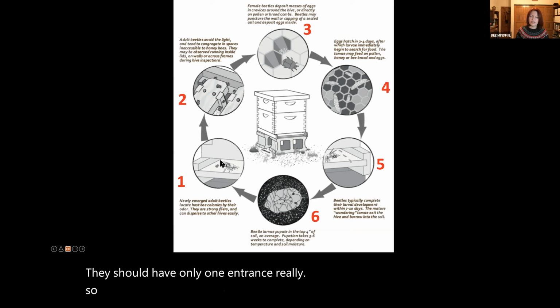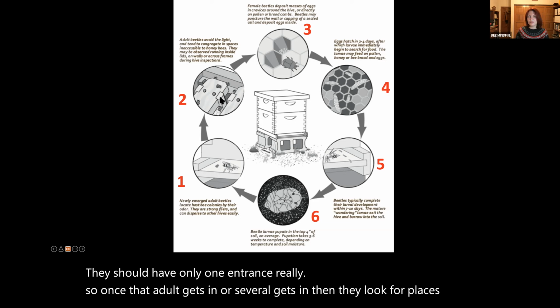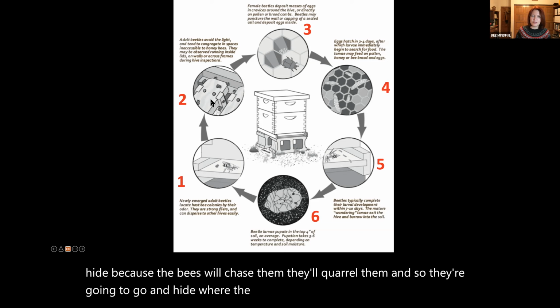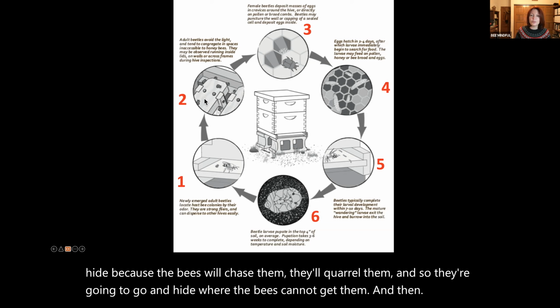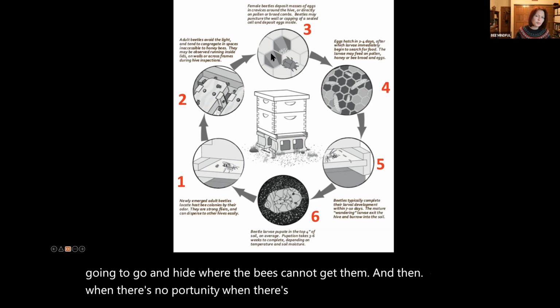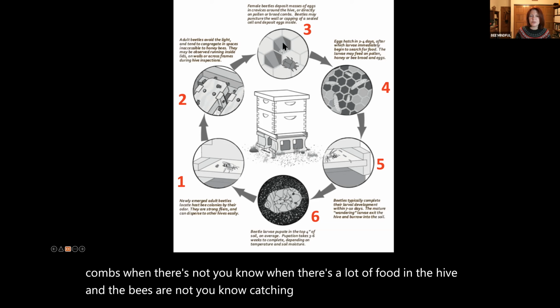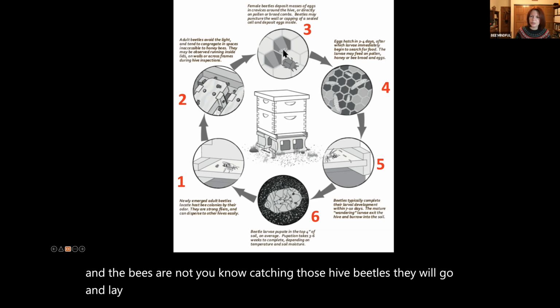So once that adult gets in, or several get in, then they look for places to hide, because the bees will chase them, they'll corral them. And so they're going to go and hide where the bees cannot get them. And then when there's an opportunity, when there's not enough bees to protect the combs, when there's a lot of food in the hive and the bees are not catching those hive beetles, they will go and lay eggs on the comb, in the honey, and on the pollen.